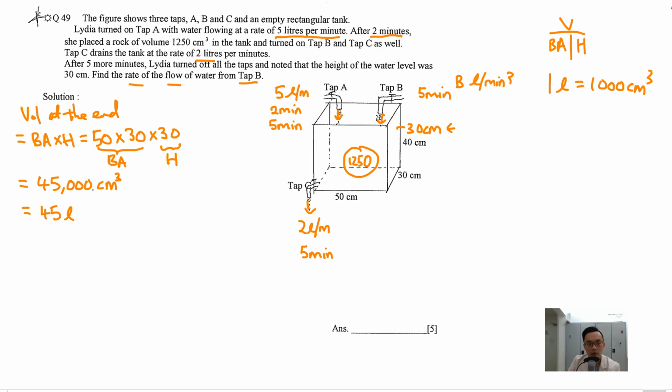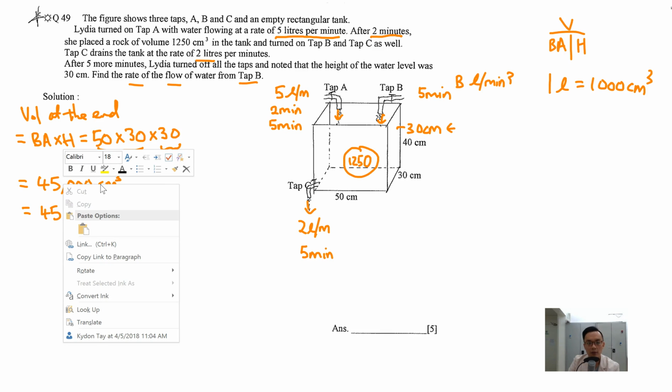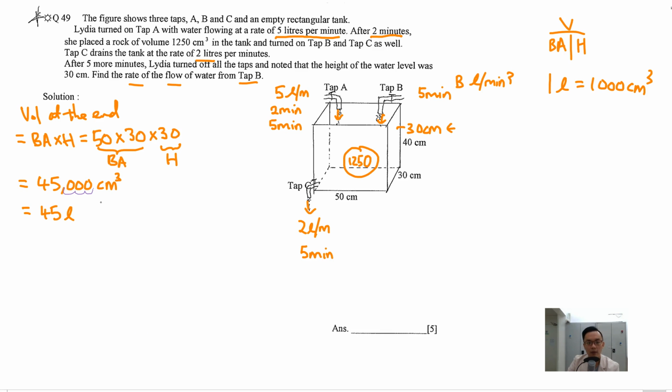So my decimal point is here, so I'm going to shift back 1 decimal point, 2 decimal point, 3 decimal point. So my new decimal point is over here. All right. So that's how I get 45.000, which is 45 liters.